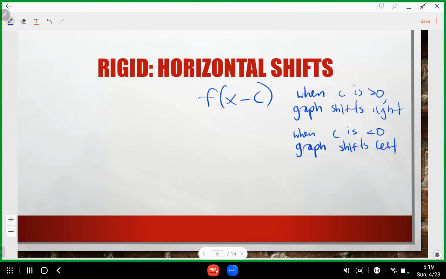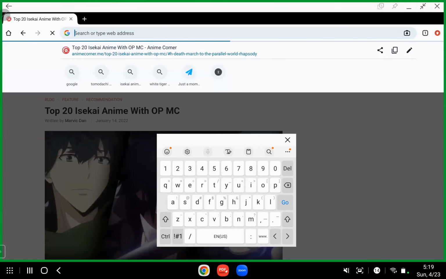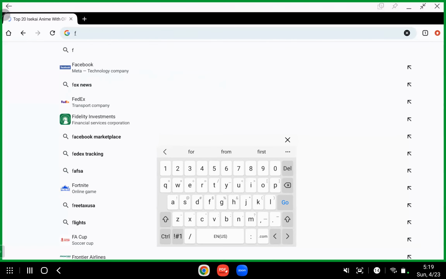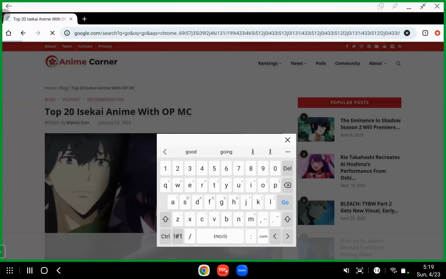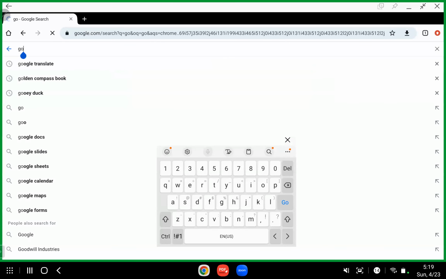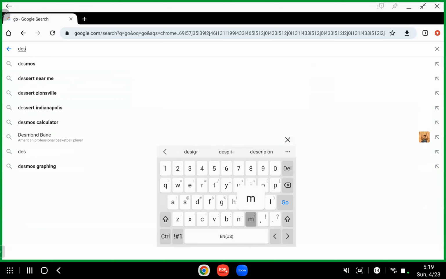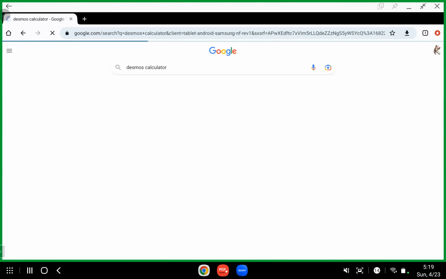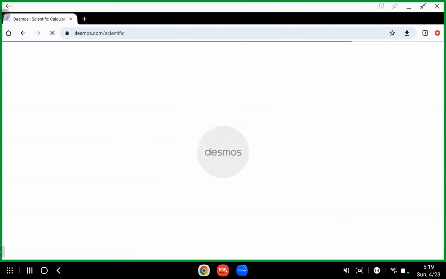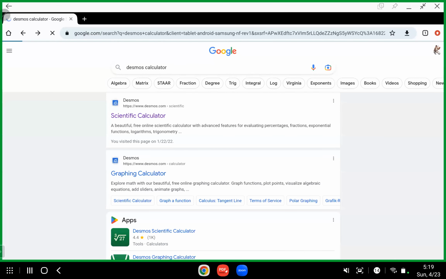So let me go on Desmos for a second. Hold up, I'm going to Desmos. It's got to be not the scientific one, the graphing one.